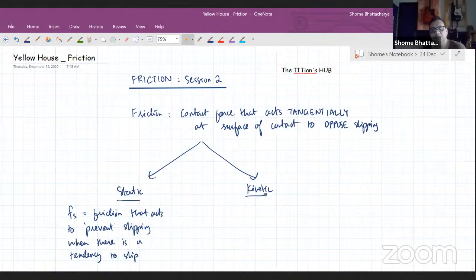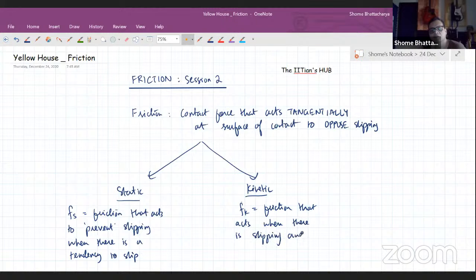Whereas kinetic friction is the type of friction that acts when there is actually slipping, and it acts such that it opposes the slipping. Right, so these are the two types of friction.